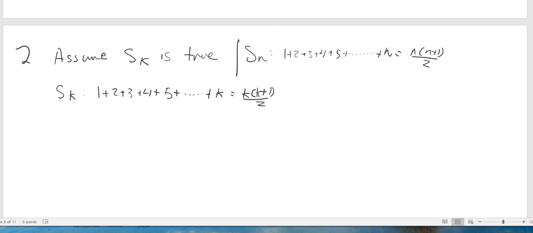So now we have to use sk to show that sk plus 1 is true. Right? So now what does sk plus 1 look like?